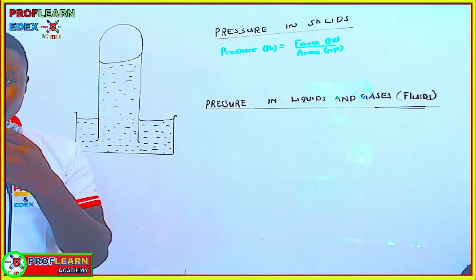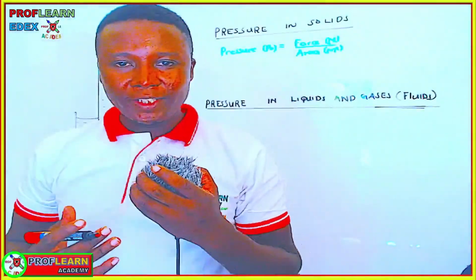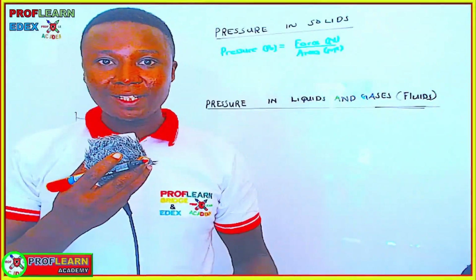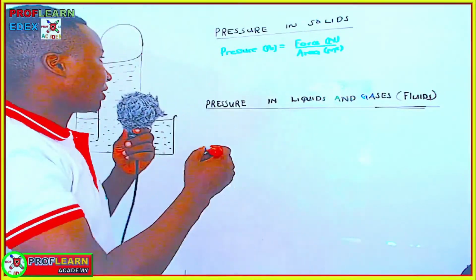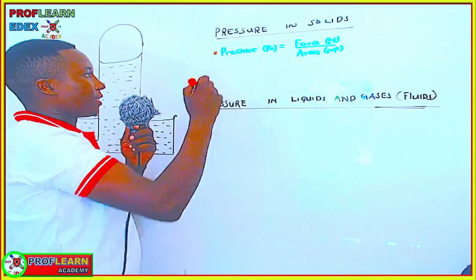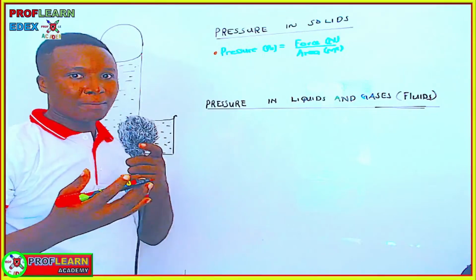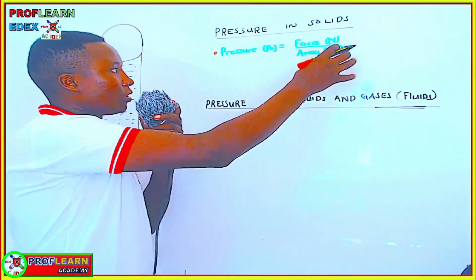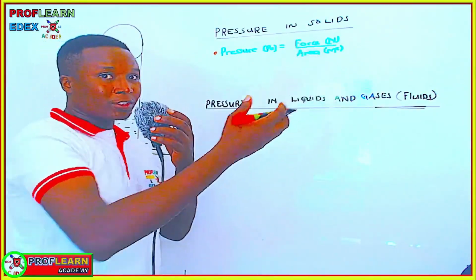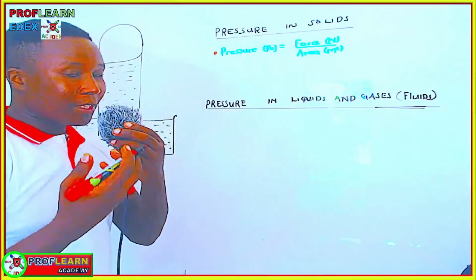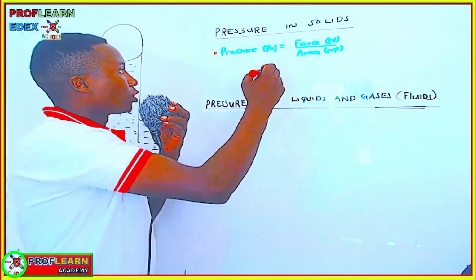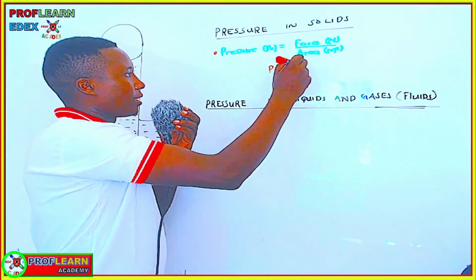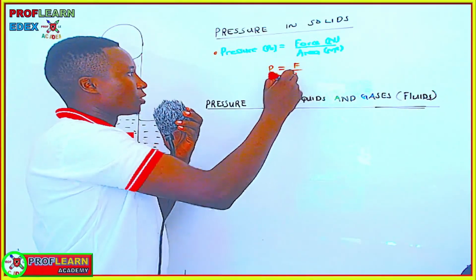In this particular video, we're going to discuss how you can calculate pressure in solids and pressure in liquids. The first part is identifying that pressure in solids is given by the formula force over area. The force has to be in newtons and the area has to be in meters squared. So pressure equals force over area.